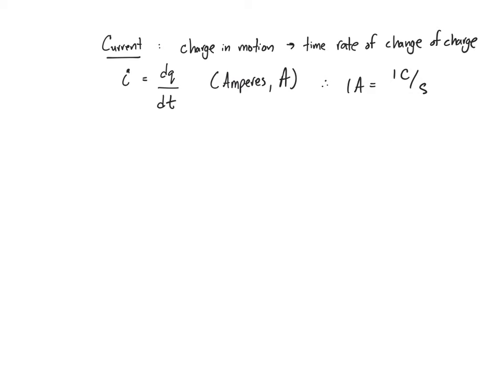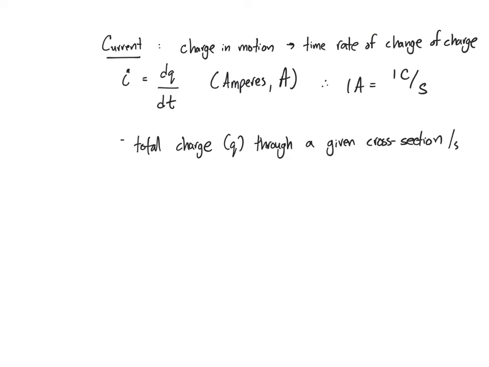So to understand this, we could think of current as being the total charge that moves through a given cross-sectional area for every second. Okay.